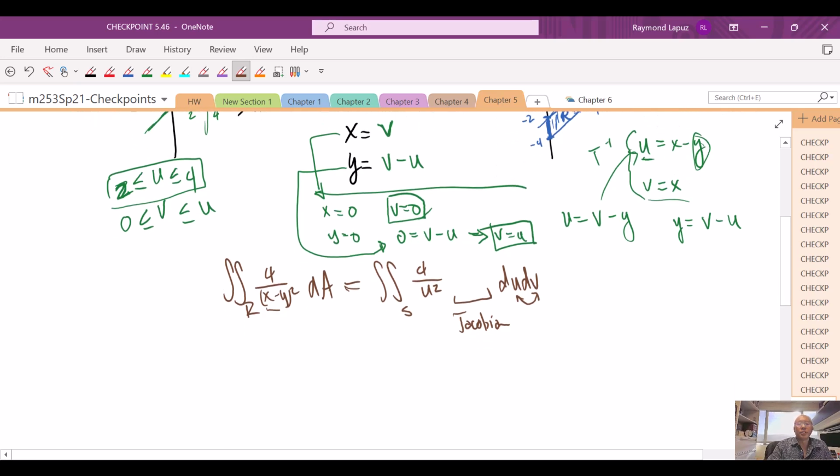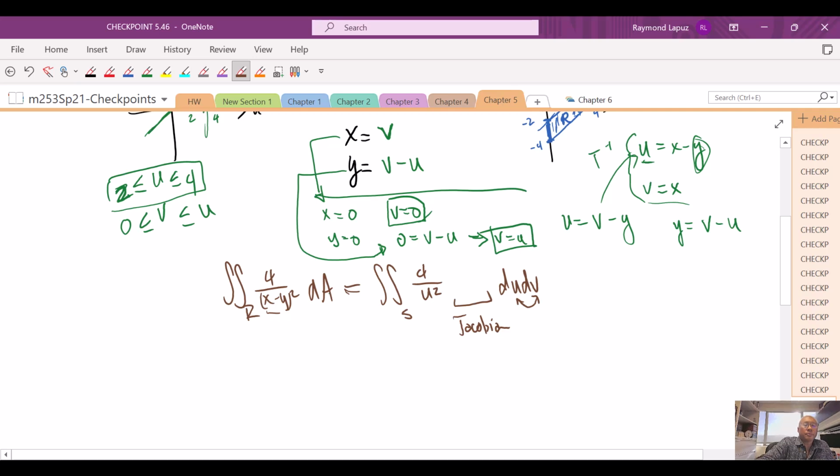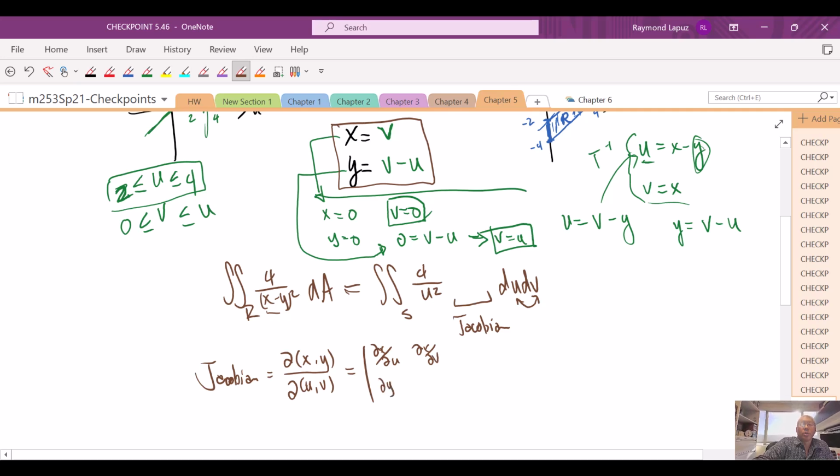All right, Jacobian. Let's figure out the Jacobian. The Jacobian is going to be, remember the notation, the partial of (x,y) over the partial of (u,v). u and v are our independent variables, and I want to take a look at this set of equations and take those derivatives. I want the derivative of x with respect to u, derivative of x with respect to v, derivative of y with respect to u, and then the derivative of y with respect to v.